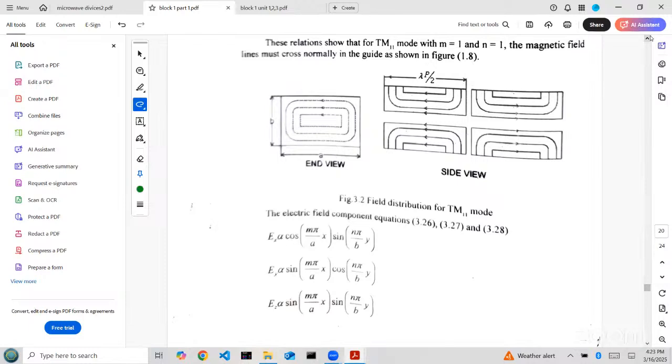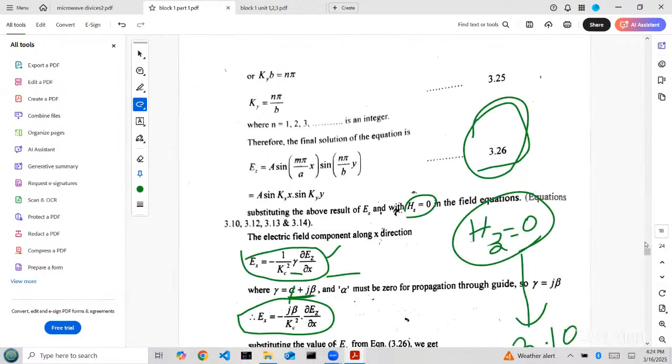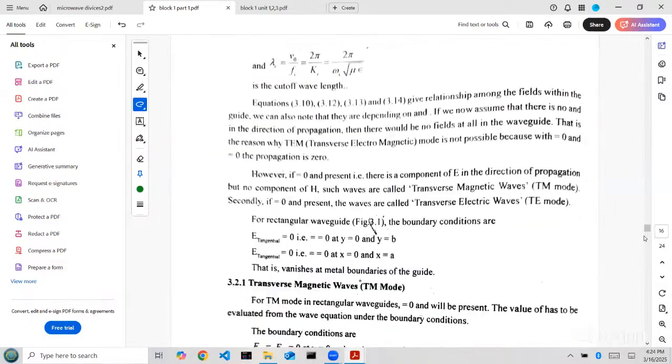Okay. If you write here, up to this we will complete the field pattern of TM11. Let us recall once again what we discussed. First is Hz equal to 0. First we write the boundary conditions.